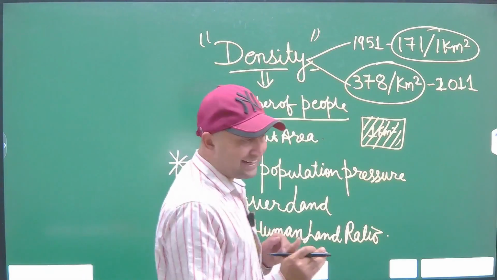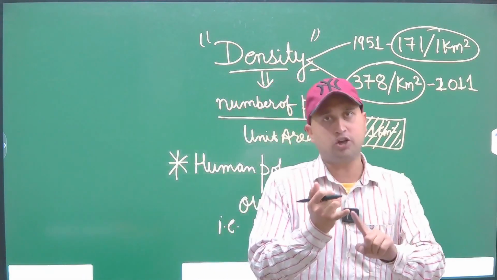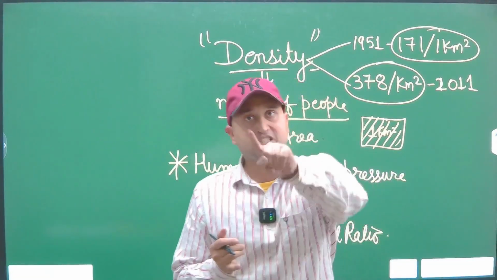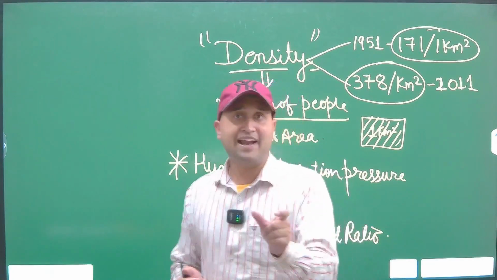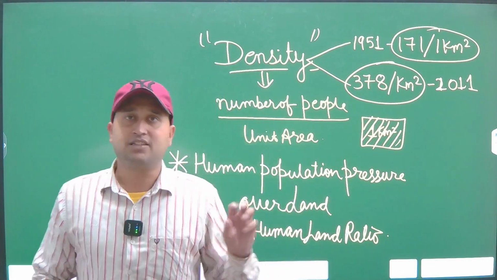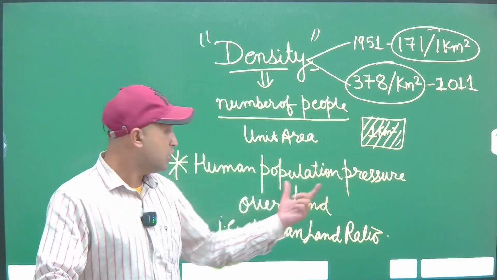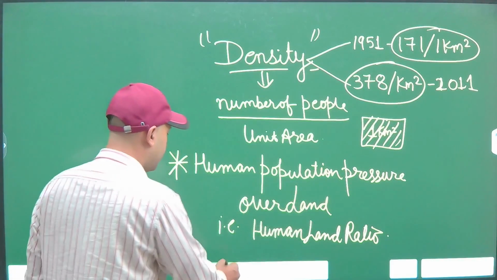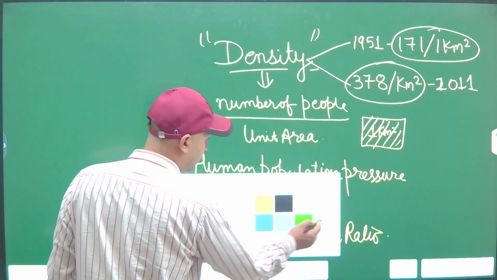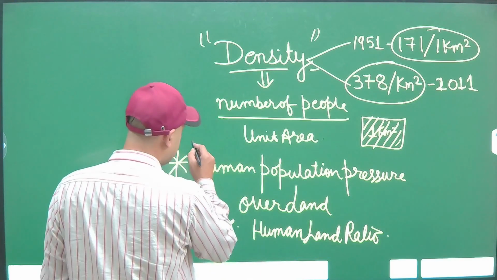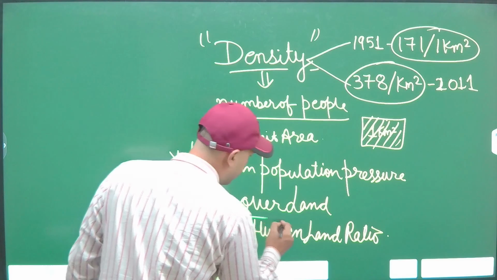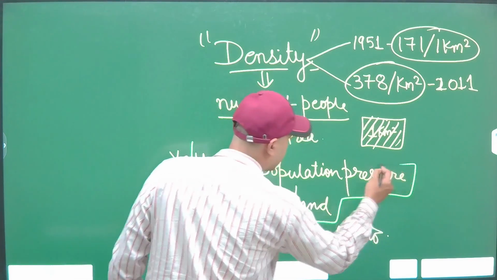So the population density is just like a tool to understand the distribution of population much better. It also states the human land ratio, that is, the human population pressure over land. We can understand this very well through the density of the population.